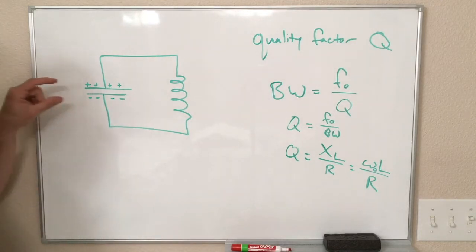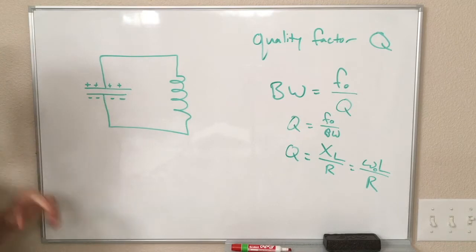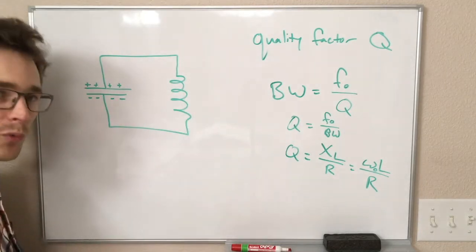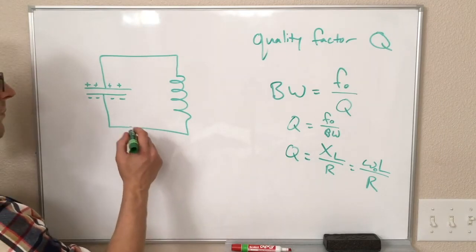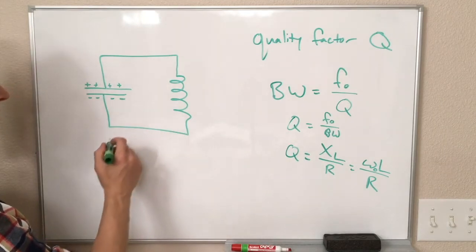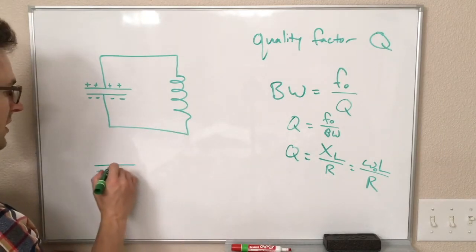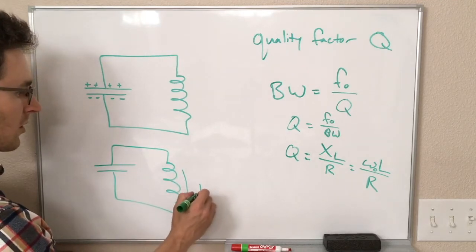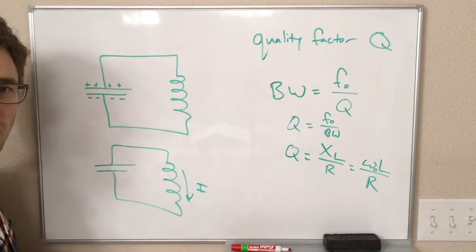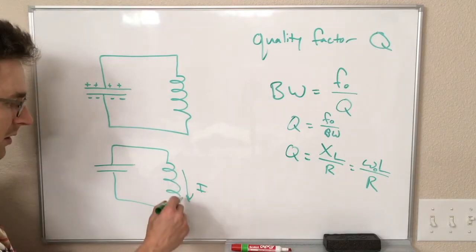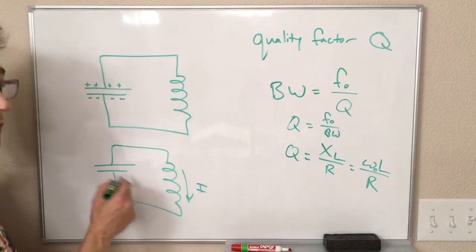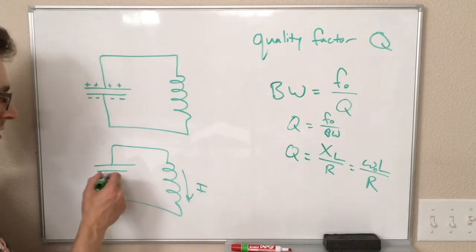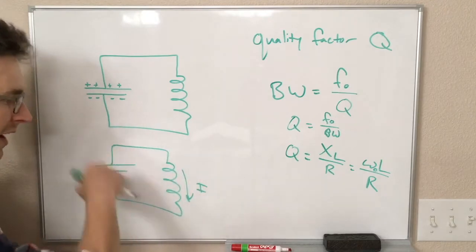Now, at this moment, there's a voltage on the inductor, which means the current through the inductor is going to be growing with time. It's going to be increasing. So some amount of time later, our capacitor is going to have less charge on it, but our inductor is going to have a current flowing through it, right? And then it turns out this current causes the capacitor to charge the other way, and it does that until the current dies down to zero and the charge reaches some maximum, and then the whole thing happens in reverse.